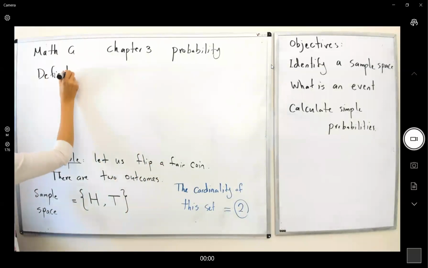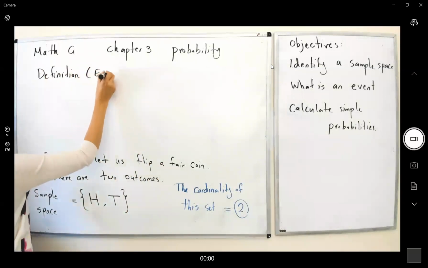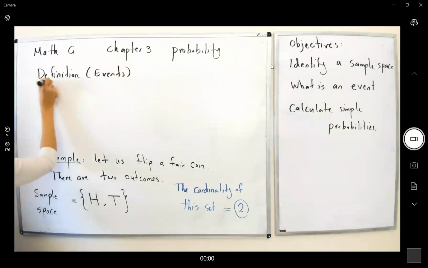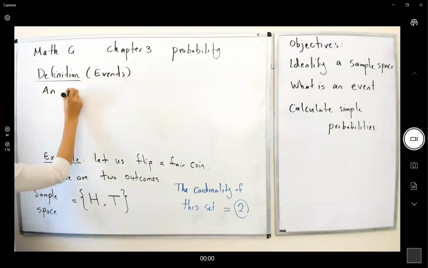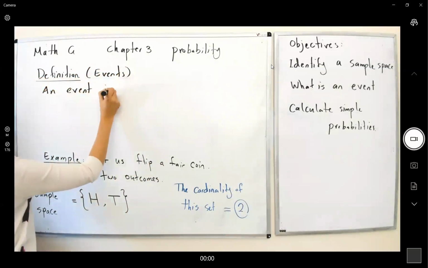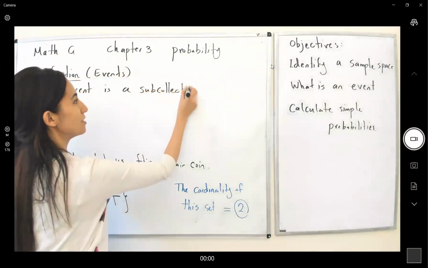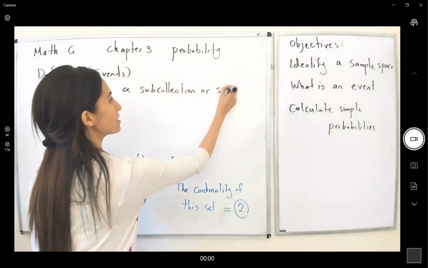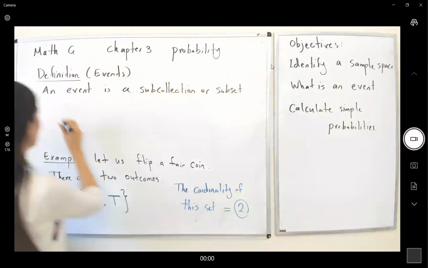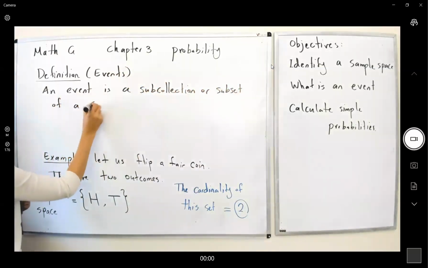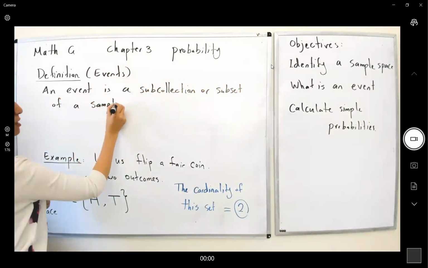Definition of events. An event is a sub-collection or subset of a sample space.